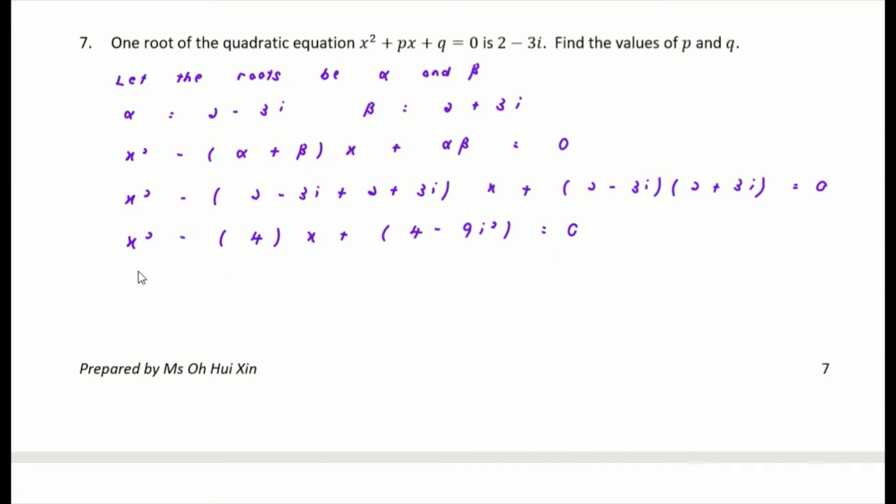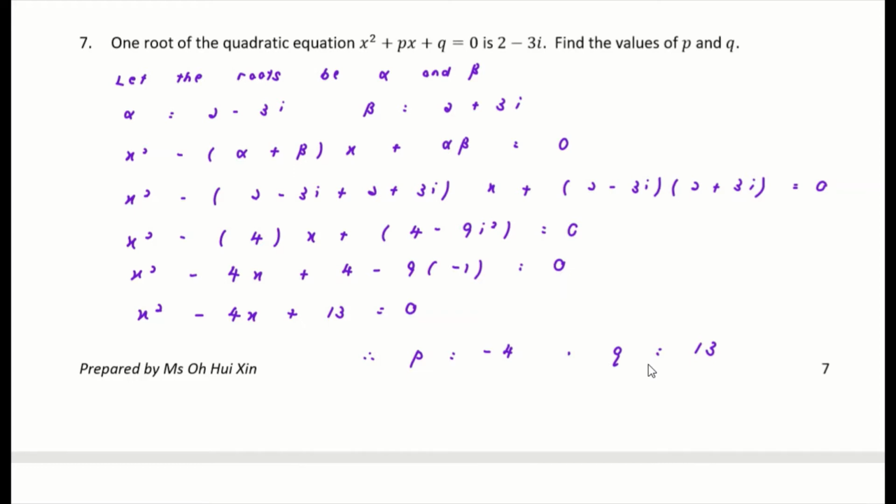I squared is actually negative 1, so I get 4 plus 9. So x squared minus 4x plus 13 equals 0. From here, I can get my answer: p is equal to negative 4 and q is equal to 13. Okay, just like that.